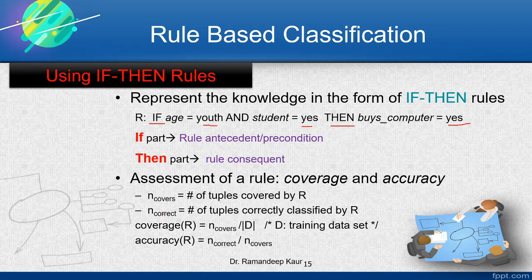For that we have two values: n covers, the number of tuples covered by the rule R, and n correct, the number of tuples correctly classified by R. To identify the coverage, we take the total number of tuples covered by rule R divided by the total size of the training data set D. To calculate the accuracy, we take what is correctly classified divided by the number of tuples covered by the classifier.